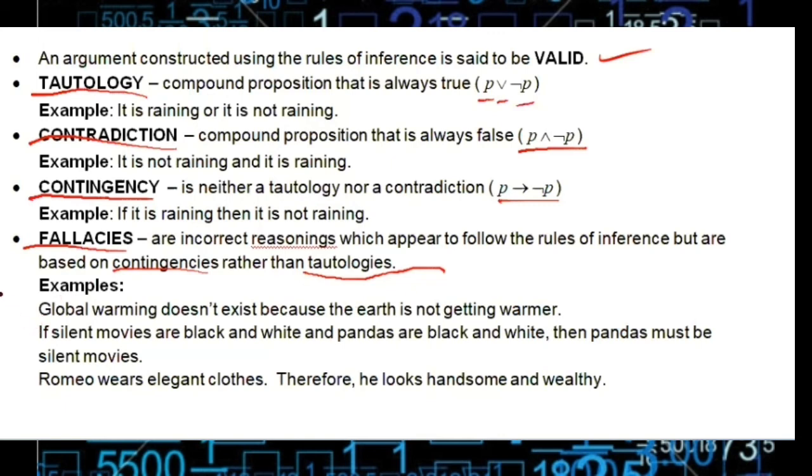So mathematically invalid or fallacy. Okay? If silent movies are black and white and pandas are black and white, then pandas must be silent movies. Though it follows the rule of inference, but the statement is false. That's why it's fallacy.